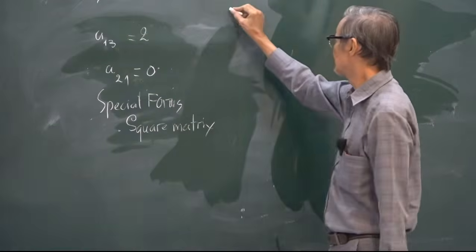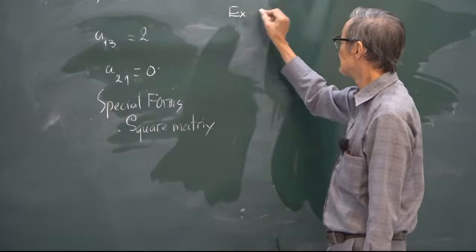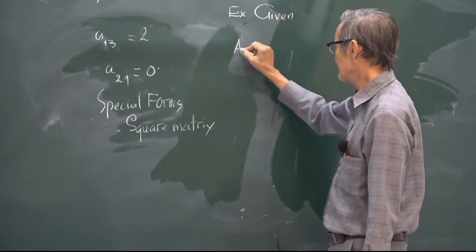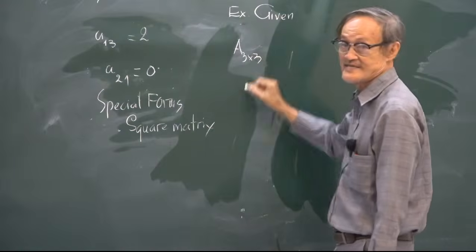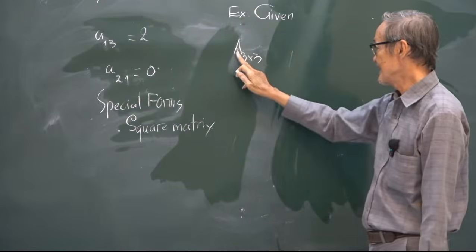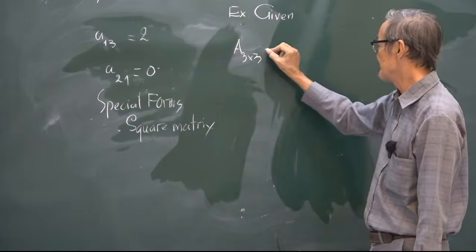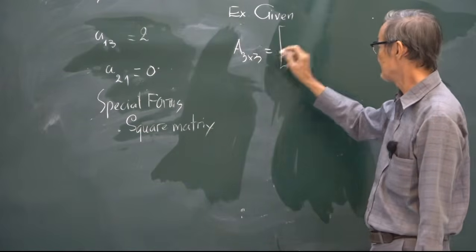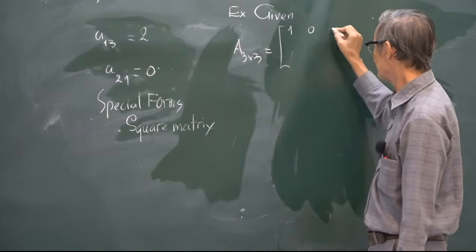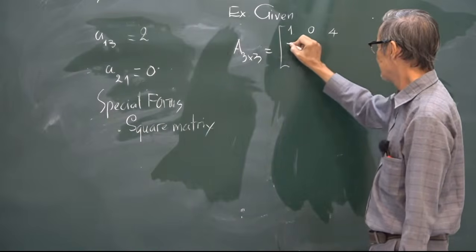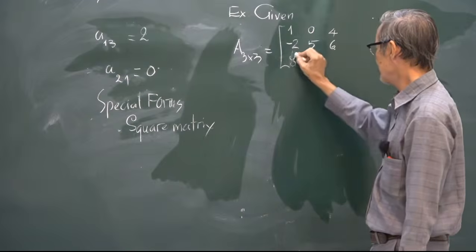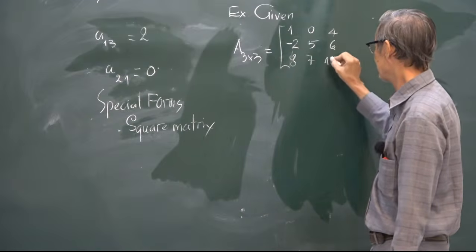For example, given A 3 times 3, capital A 3 times 3, 3 rows and 3 columns, 1, 0, 4, minus 2, 5, 6, 8, 7, 10.